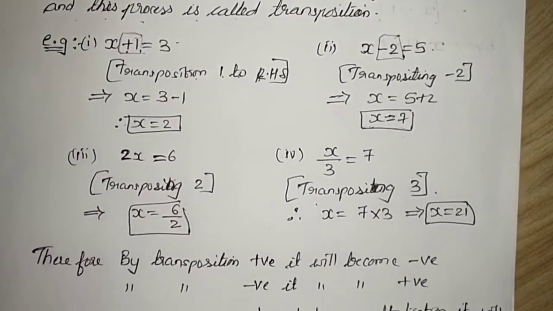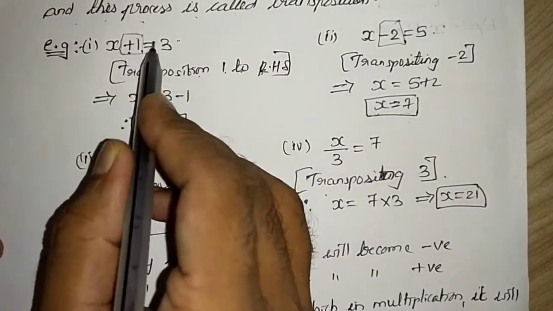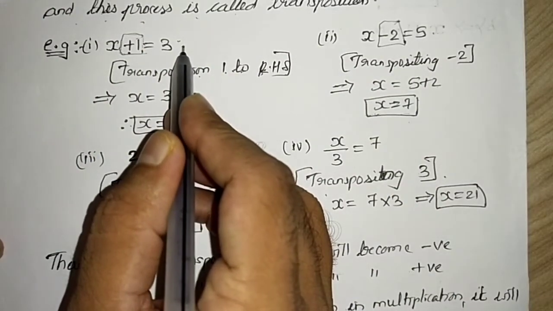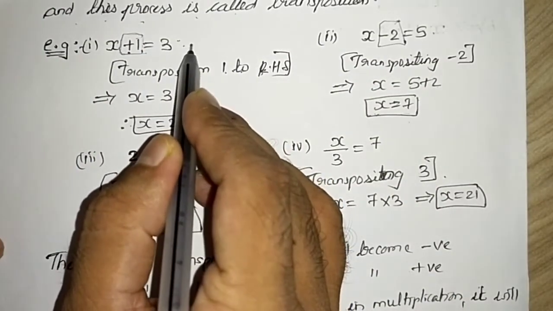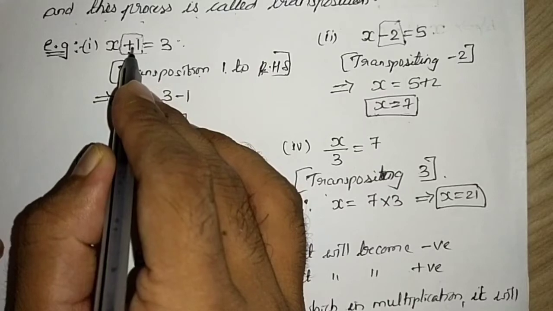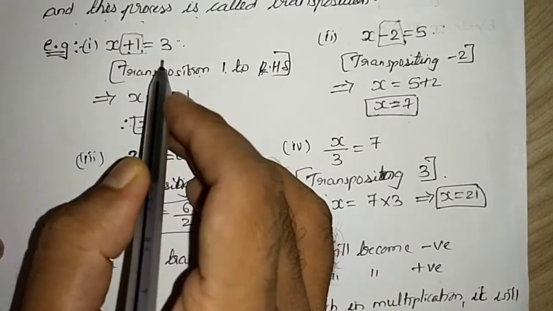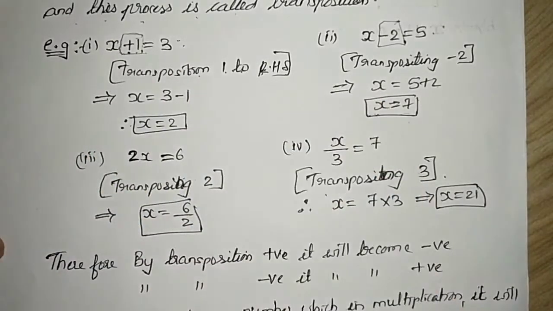But here is one condition also. If it is plus, it goes to that side, or if a number is over there and it is coming to this side, it will also change the sign, but it must be plus or minus.